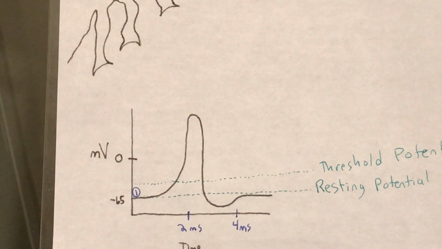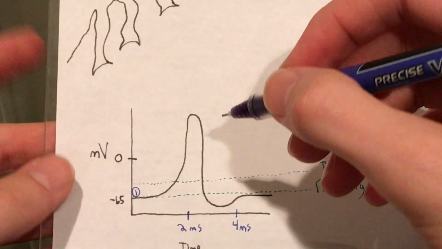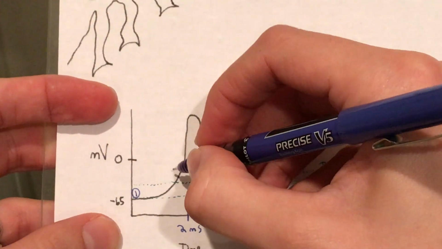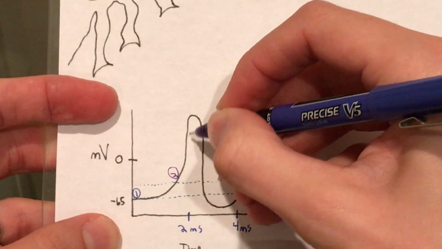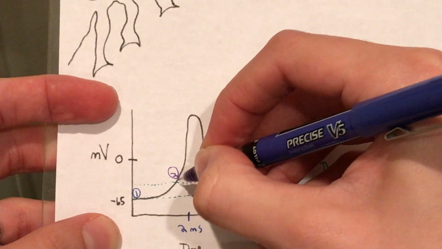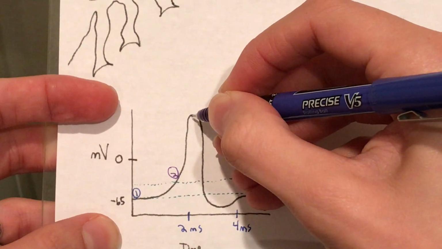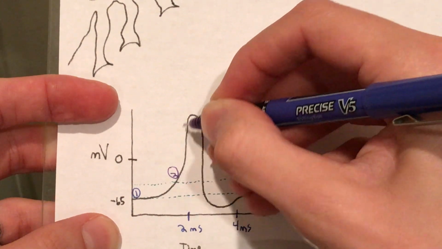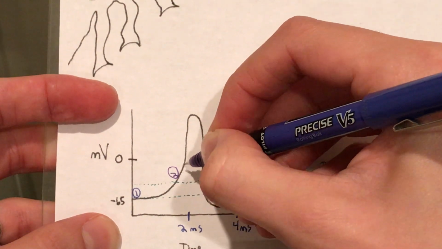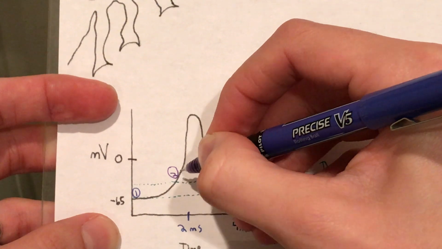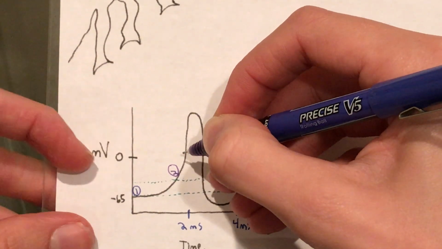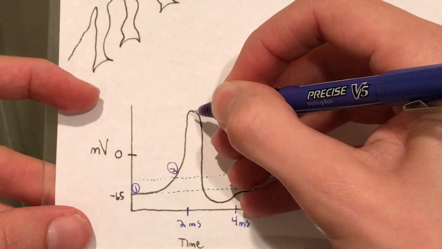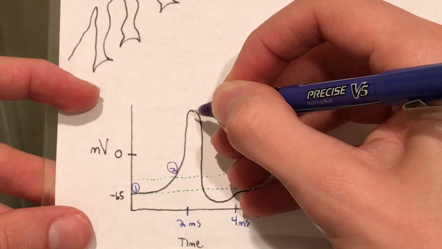So I'll use my purple pen because we used purple to represent those sodium ions. So a 2, and then everything from the threshold potential to the tippy top here, that would be step 2. All that, the cell getting increasingly positive in millivolts, right? Increasing, increasing as those positive ions enter the cell.